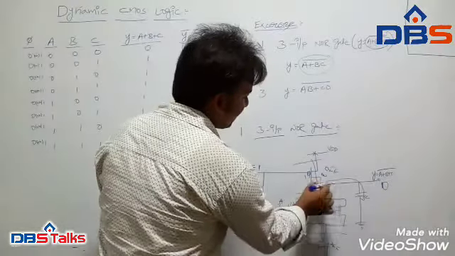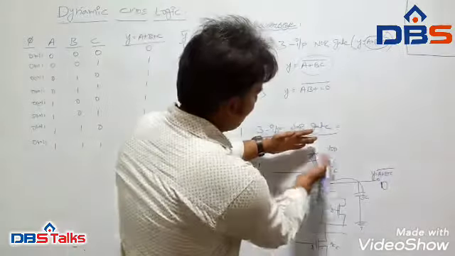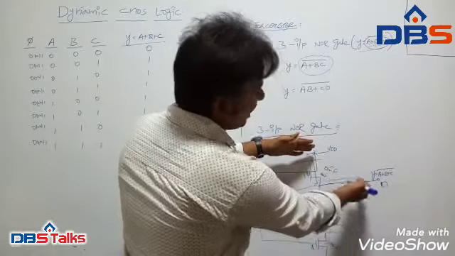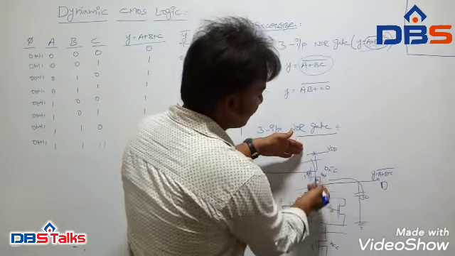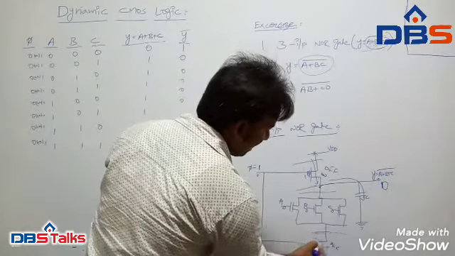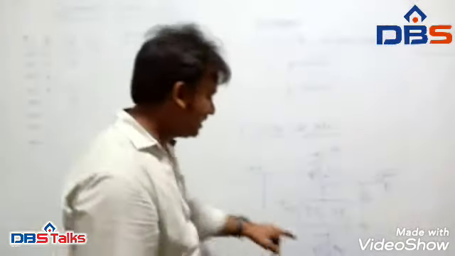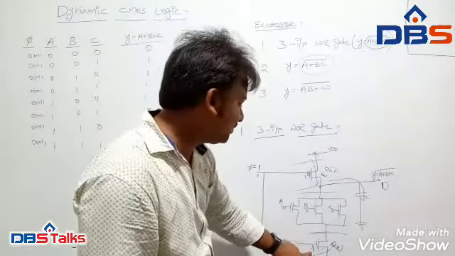That means it will be open circuited, so there is no path to carry VDD to the output. Based on that, the NMOS transistor will be in on condition, so it will enter the evaluation phase.